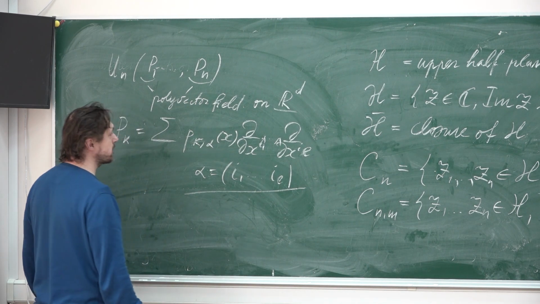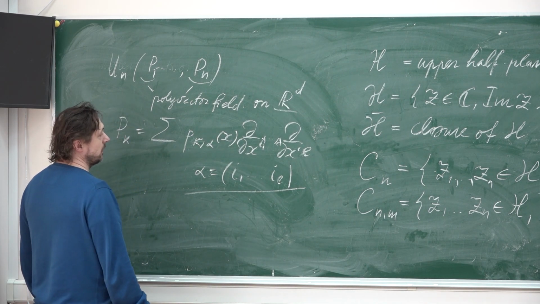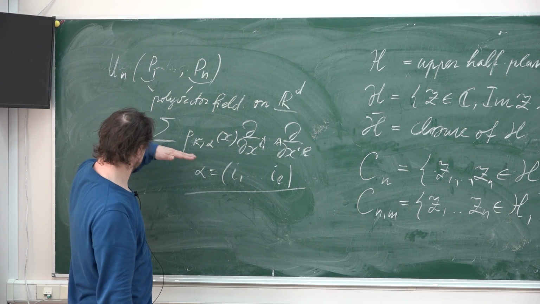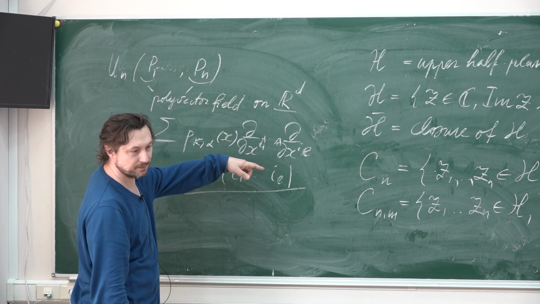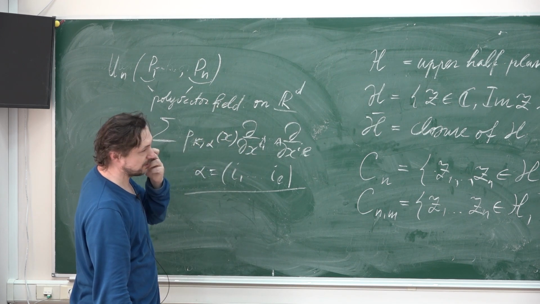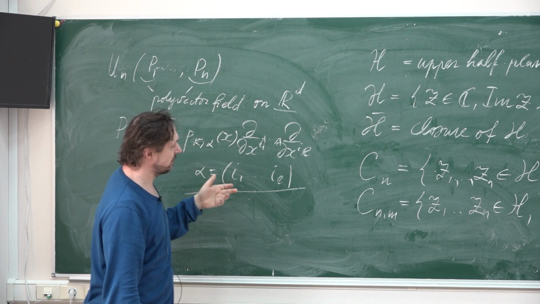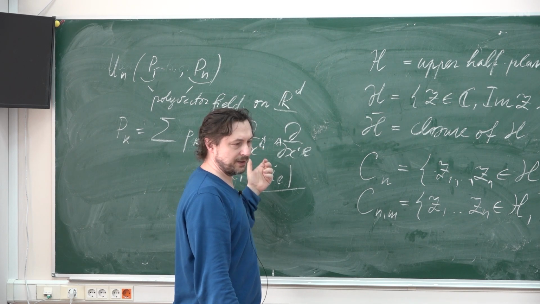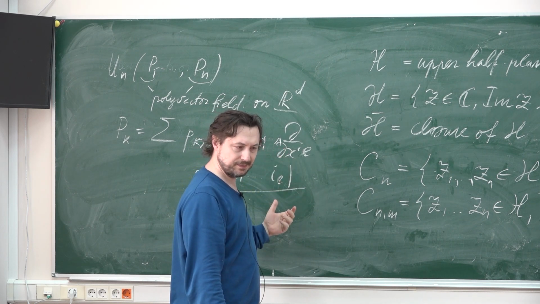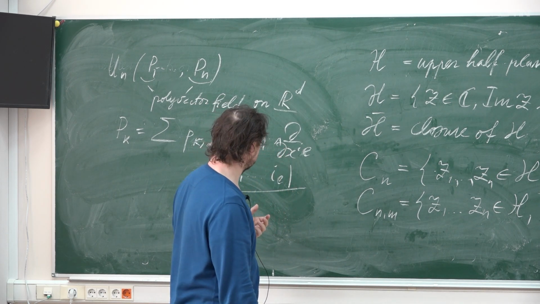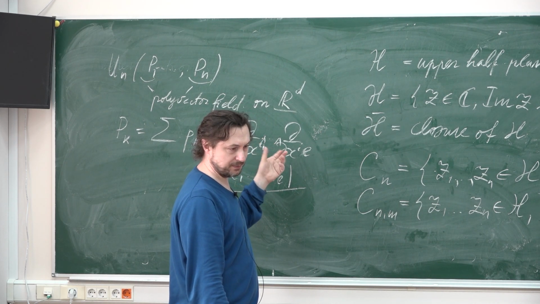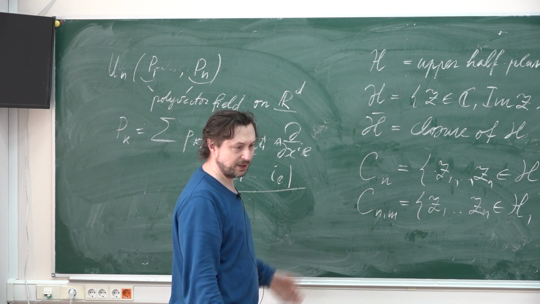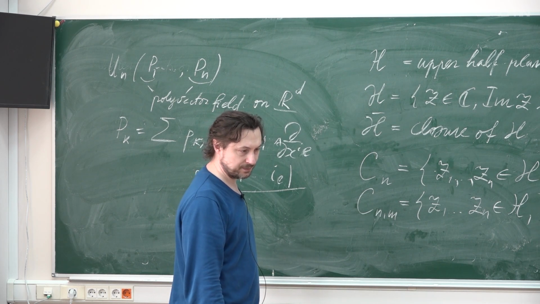As you see, this expression already has the form of a polydifferential operator. There is some peculiarity of this polydifferential operator, namely, it has degree 1 in each variable, in each argument, right? And it is antisymmetric with respect to the change of arguments. But otherwise, it's just a natural polydifferential operator.